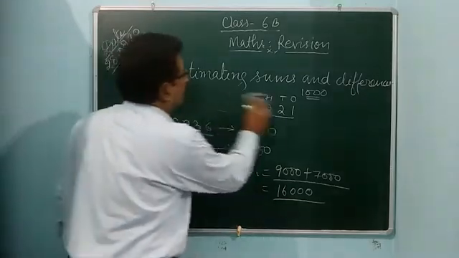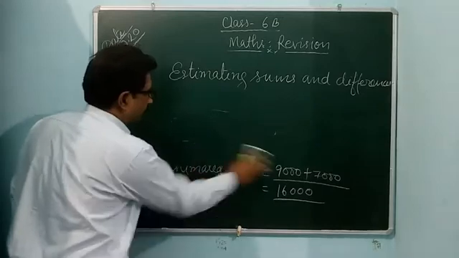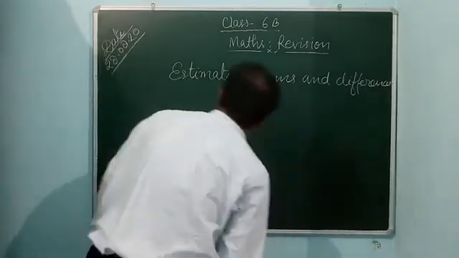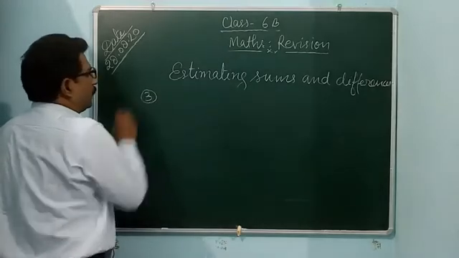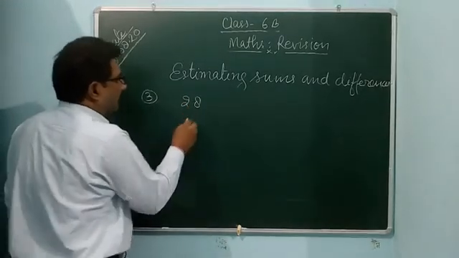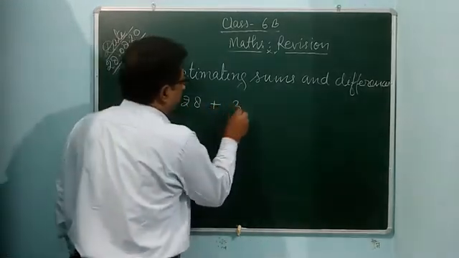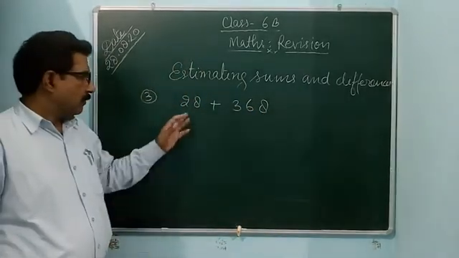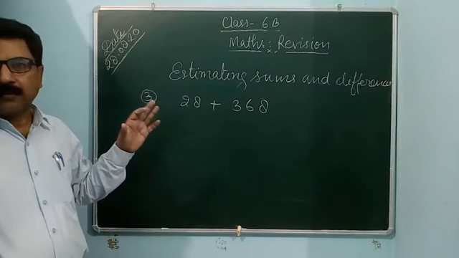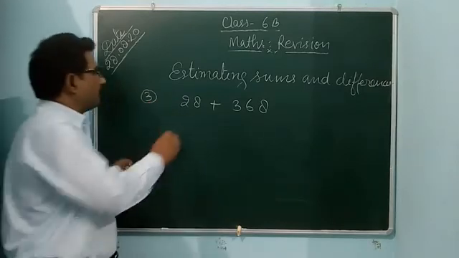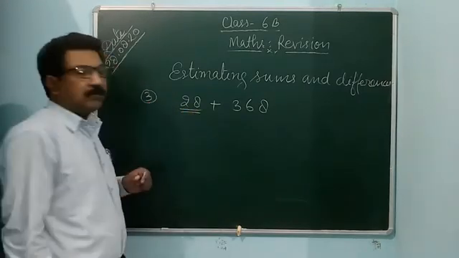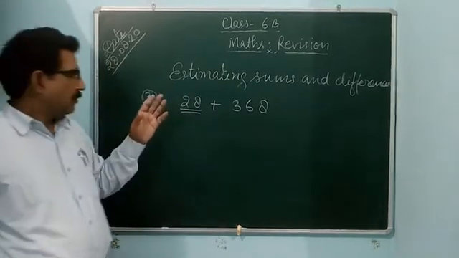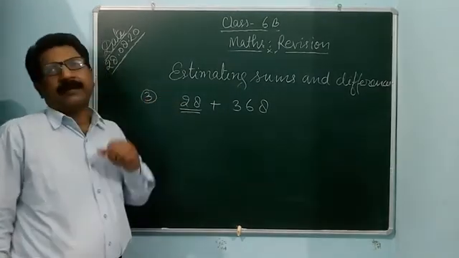As next example, third, you see, if it is given 28 plus 368. See the less digit number. So the less digit number is 28. 28 is made up of 2 digits, 2 and 8.